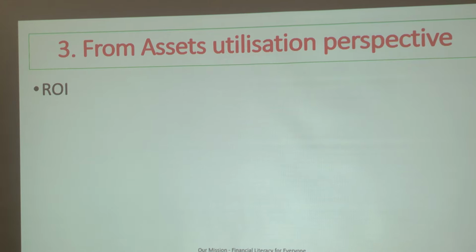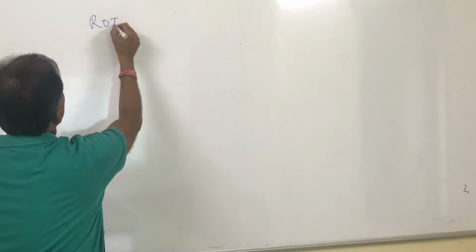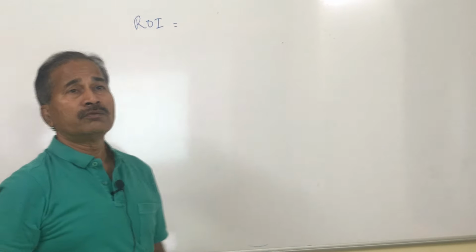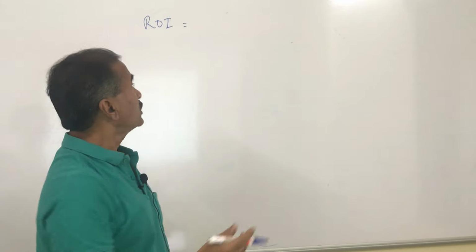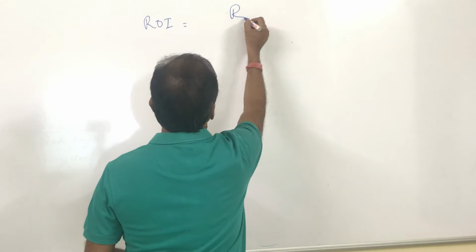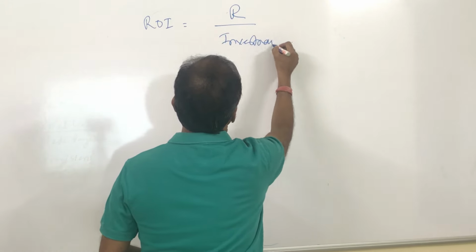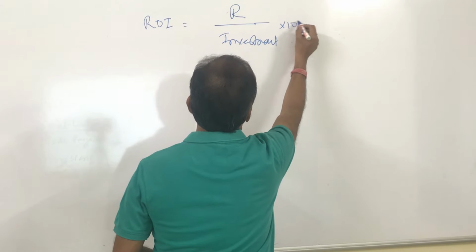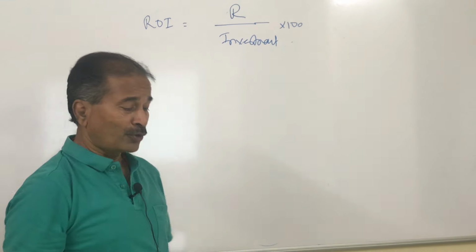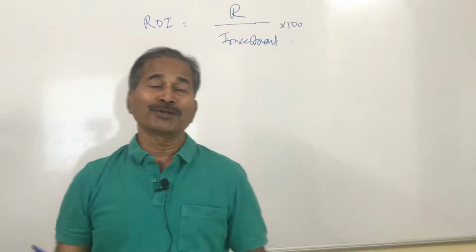We will calculate return on investment by taking return in the numerator and investment in the denominator. What is the formula? The formula is return divided by investment into 100. Now this is your simple formula for calculating return on investment.